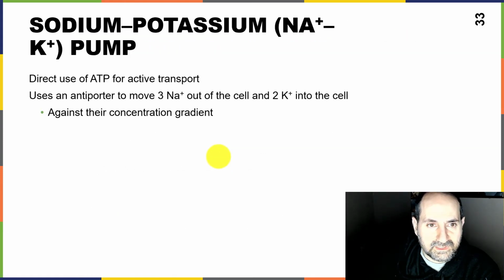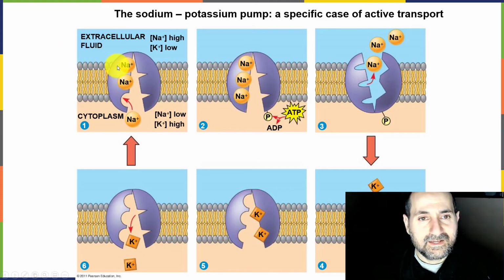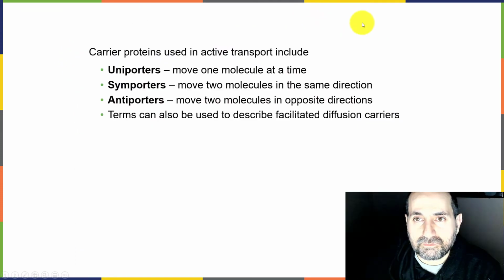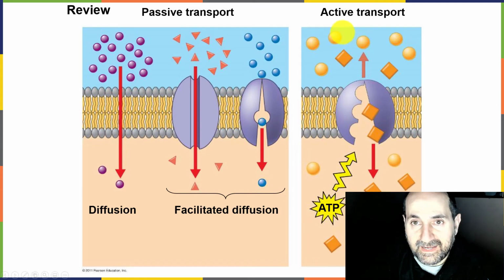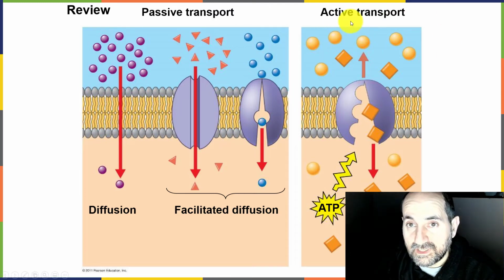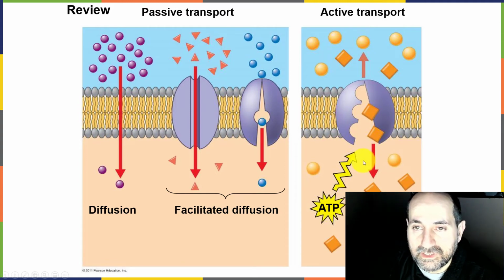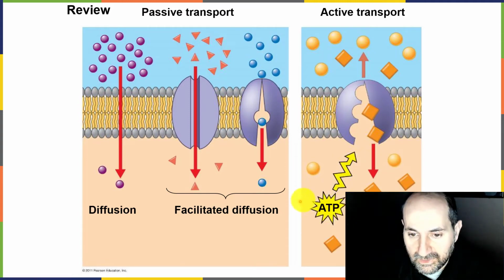All right, what else do I need you to know for the exam? This is probably one of the last two things I need you to know, and that is active transport. So we talked about tonicity, and lastly, active transport. Active transport is when substances are moving across the membrane against the concentration gradient, and this is going to require ATP.